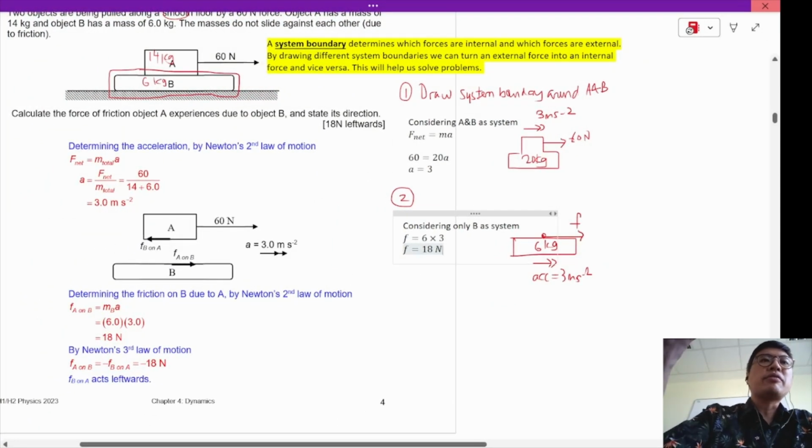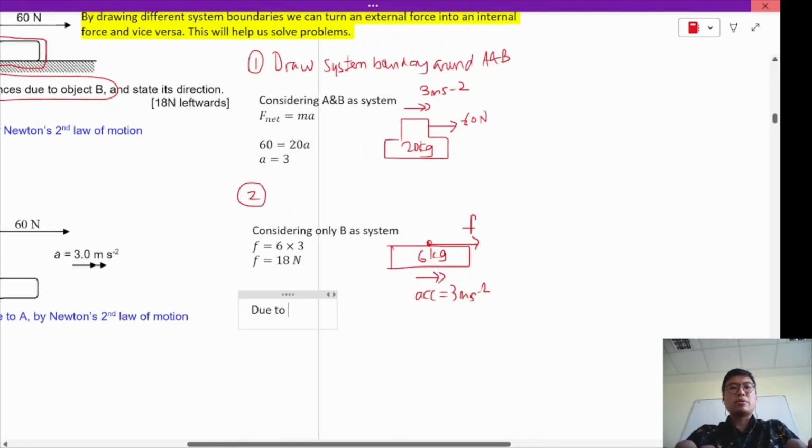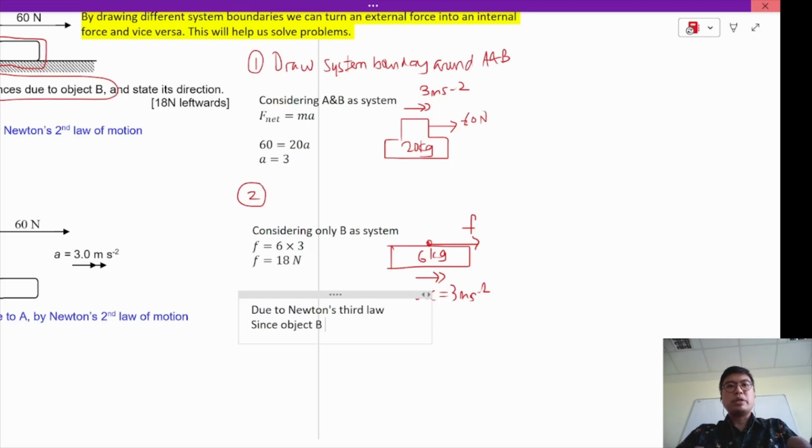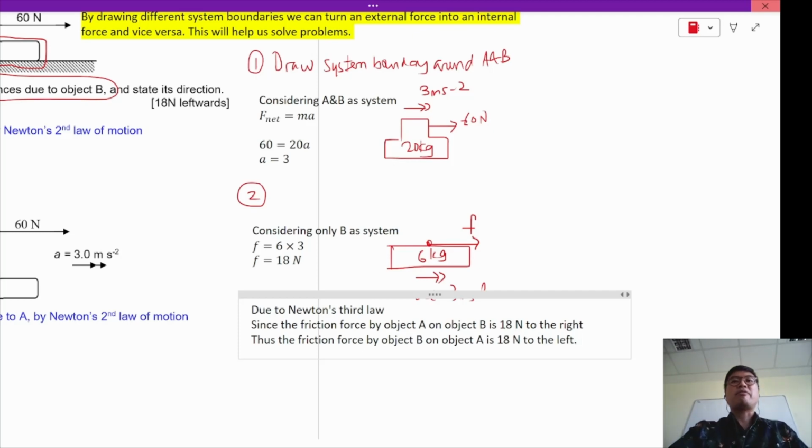The question asks to calculate the force that object A experiences due to object B. Due to Newton's third law, since the friction force by object A on object B is 18 Newton to the right, the friction force by object B on object A is 18 Newton to the left. And that will be your final answer.